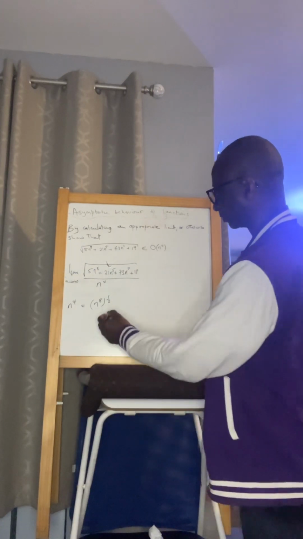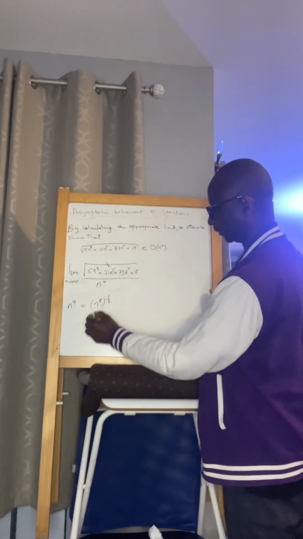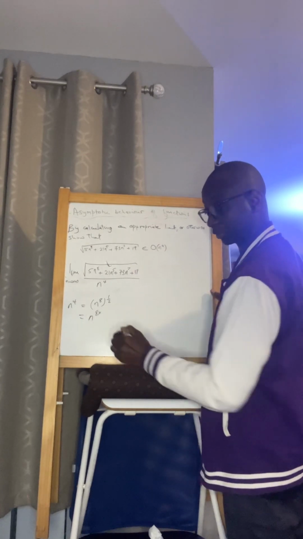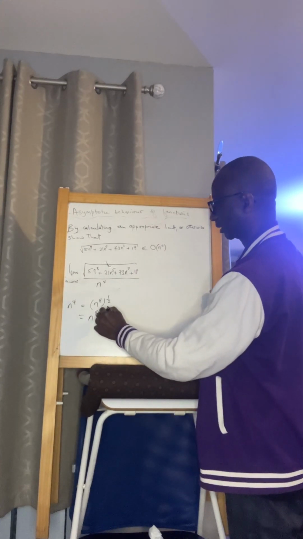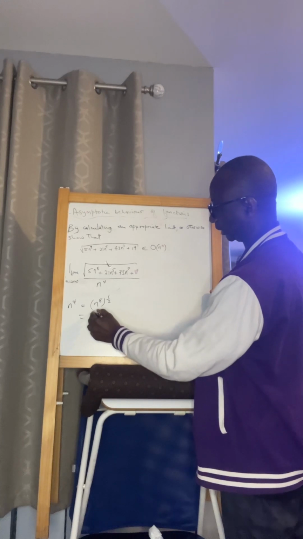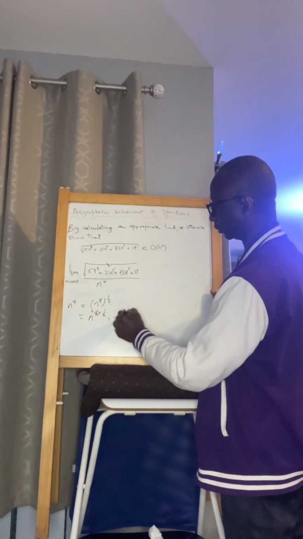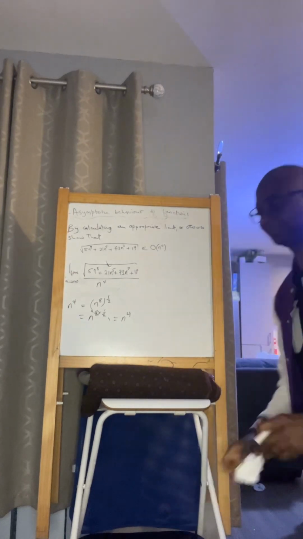Yes, because what you are now having here is n to the 8 according to the laws of indices divided by 2. So 2 can go here 4 times, here is 1, so you still get your n to the 4, right?